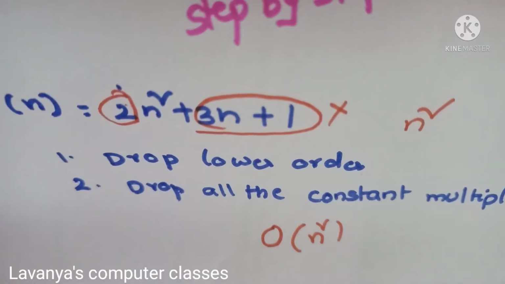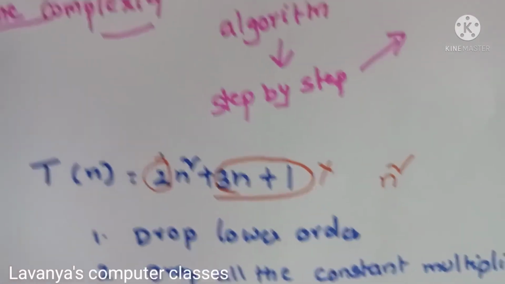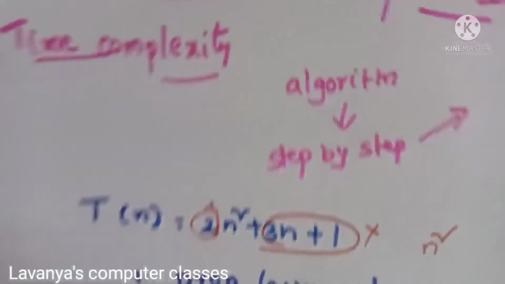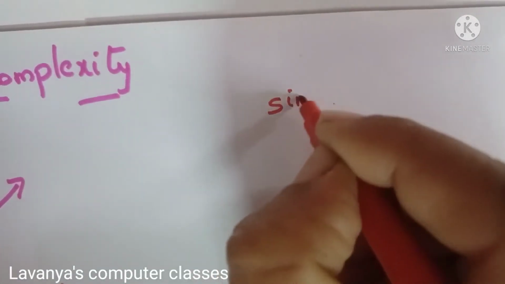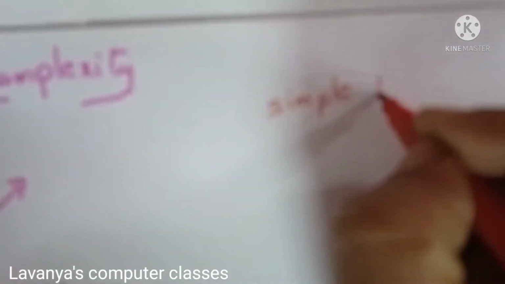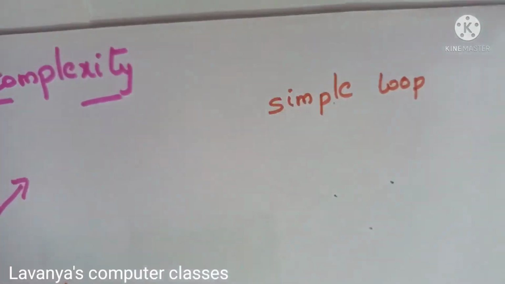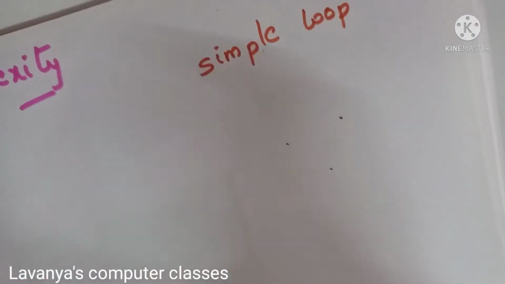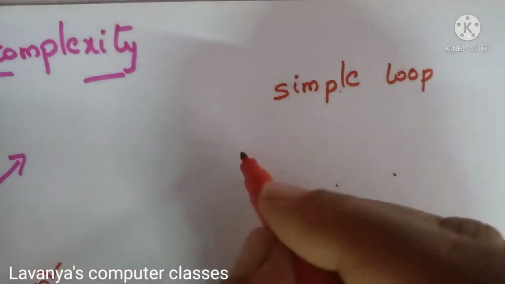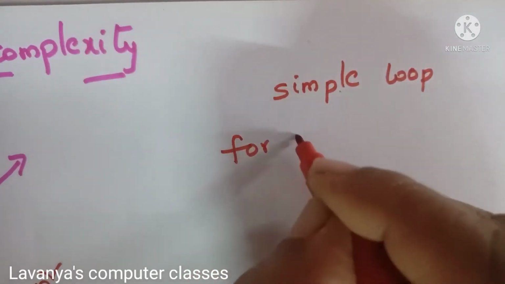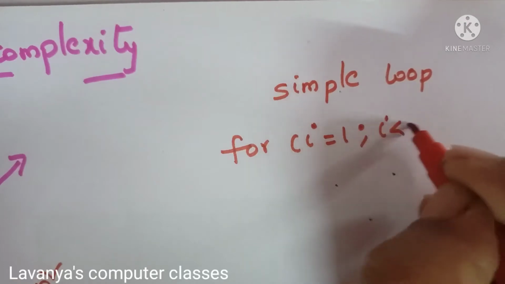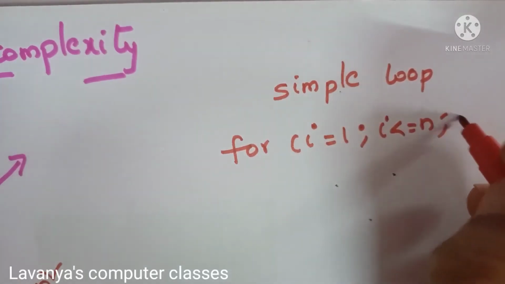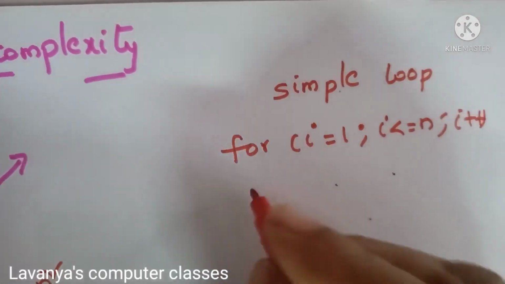Next I will explain what is the time complexity for a simple loop. Time complexity of a simple loop. For example, for i equal to 1, i less than or equals to n, i plus plus, for loop.